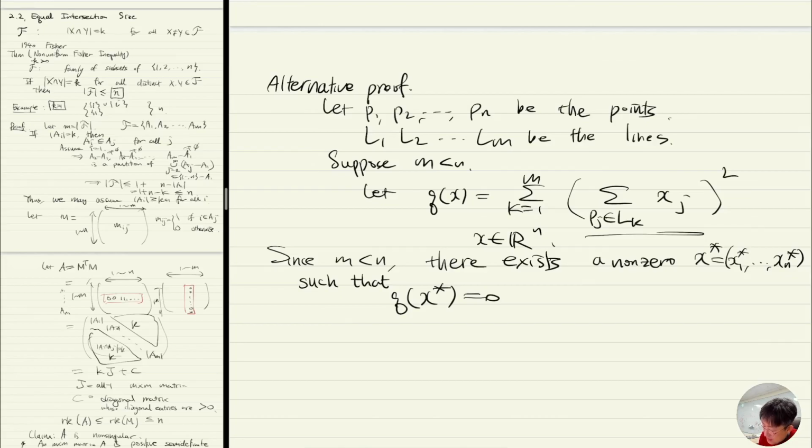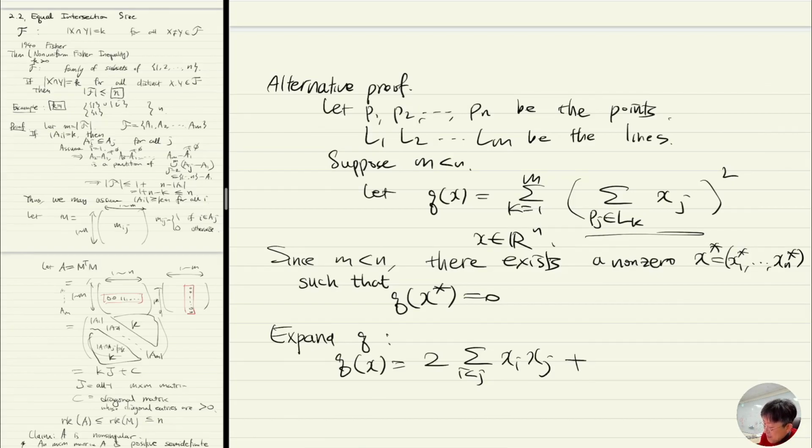But now let's expand it. So Q(x), what's going to happen for any 2 points? It's the sum of, I'm going to expand the square. So for 2 points on a line, there will be x_i times x_j. But there's only one line going through 2 points, so for all i less than j, you're going to have x_i x_j.